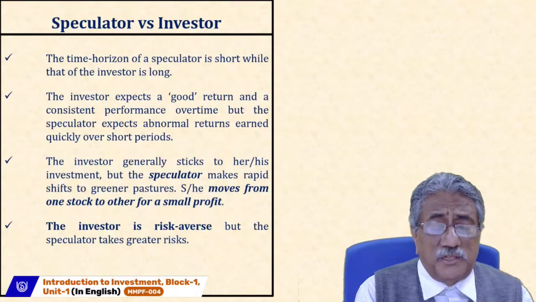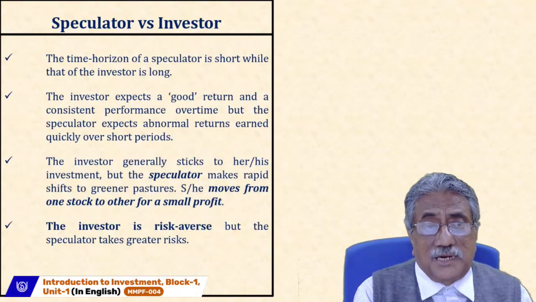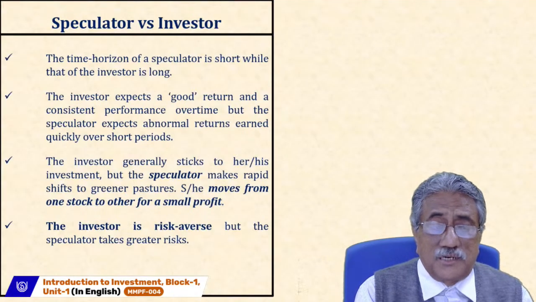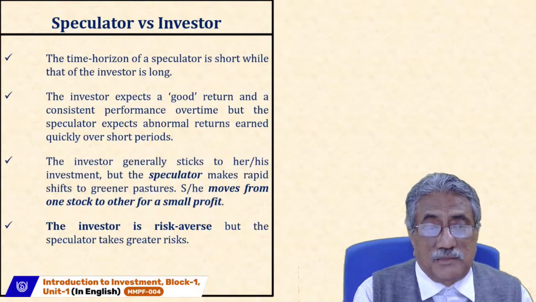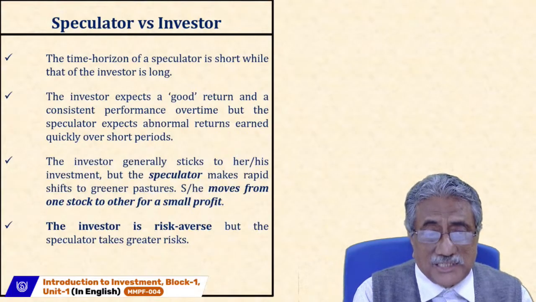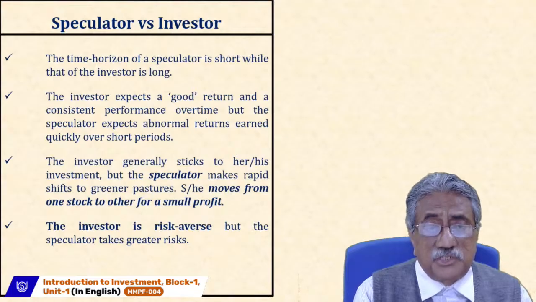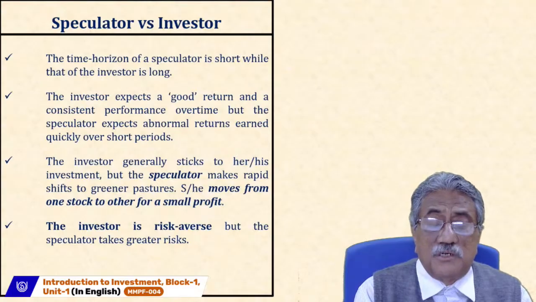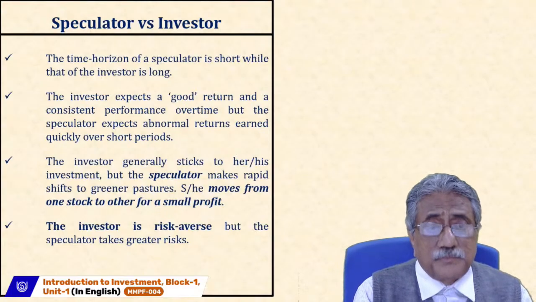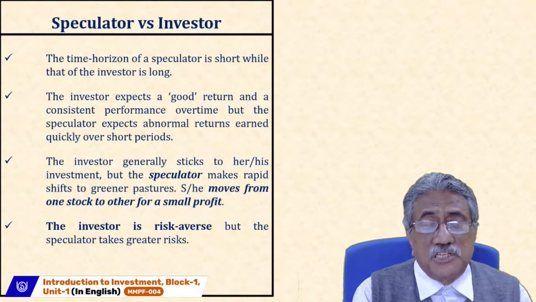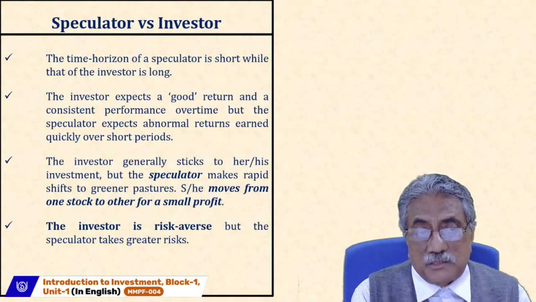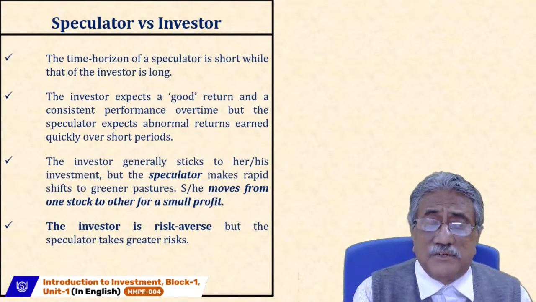So if you are speculating in the market, the chances are that you miss some profit and settle with less profit. And that is why the last line is that the investor is risk averse, but the speculator takes great risk. The investor takes risk, but after studying, and then he sticks to it. But the speculator takes greater risk.